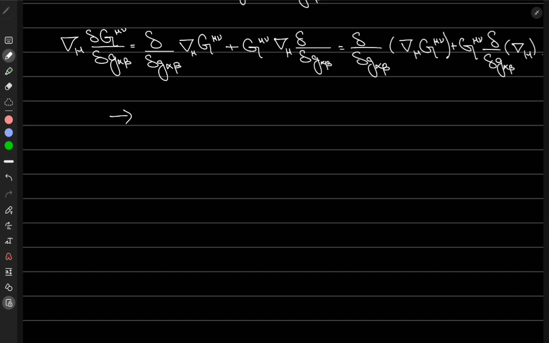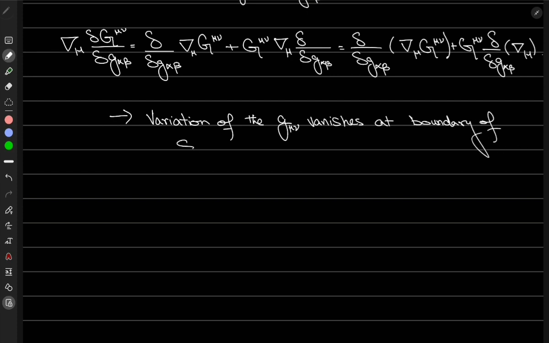Now what I'm going to do is I'm going to use this fact that states that the variation of the metric tensor g mu nu vanishes at the boundary of space-time, right? Because at the boundary of space-time, the metric tensor is not going to vary, right?